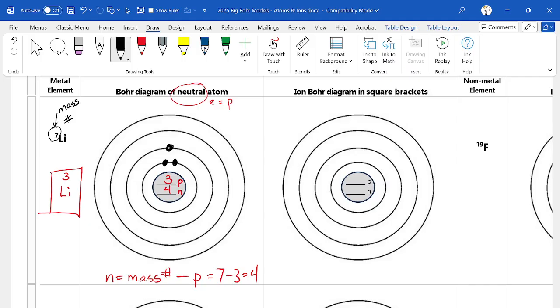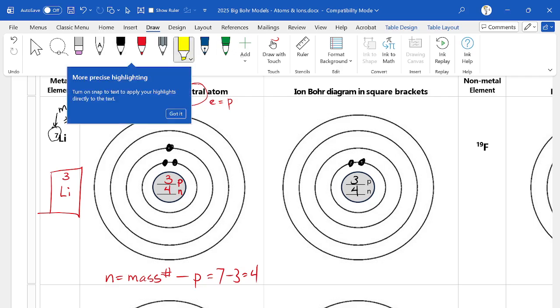Then you're going to redraw it as an ion. You still have 3 protons and 4 neutrons. Those don't change. Do we get rid of an electron or add one? We get rid of 1, so we're just going to redraw it here, and then we need square brackets.